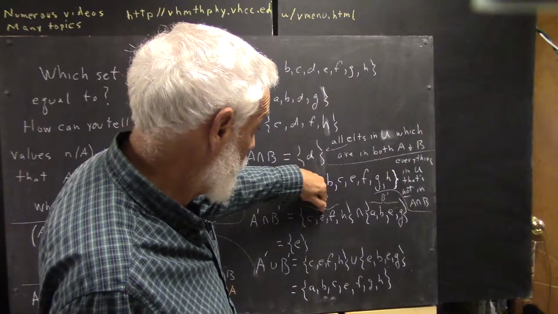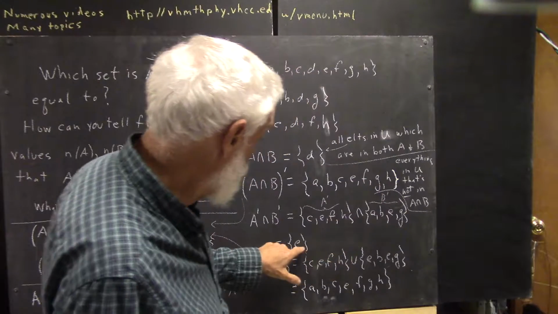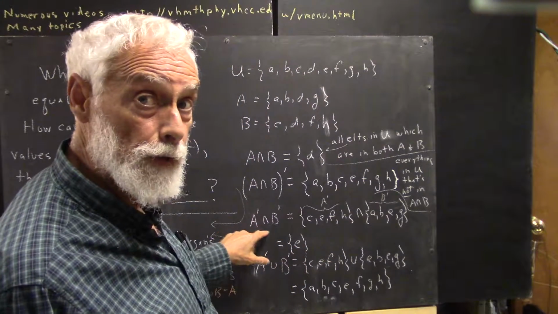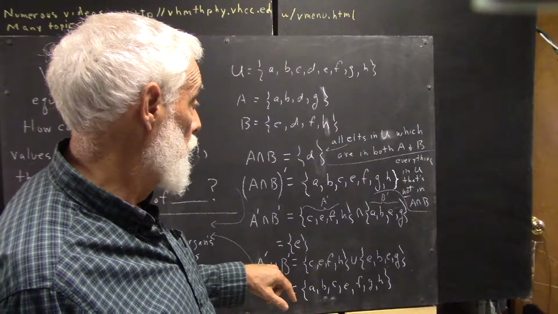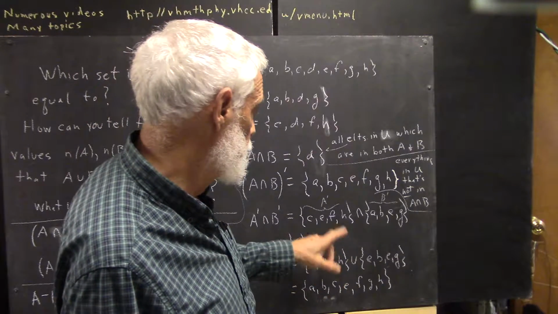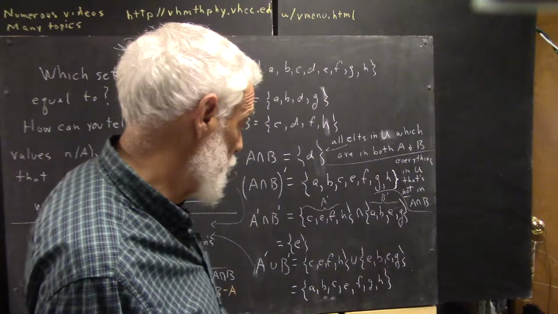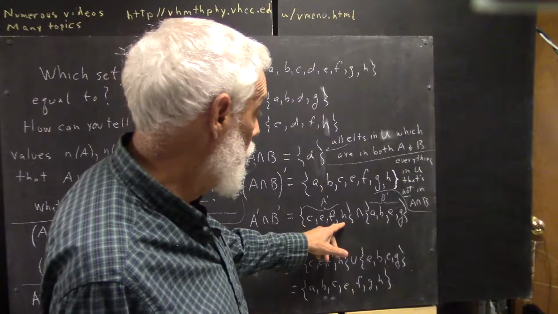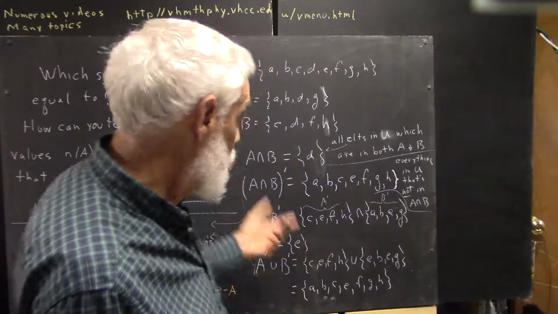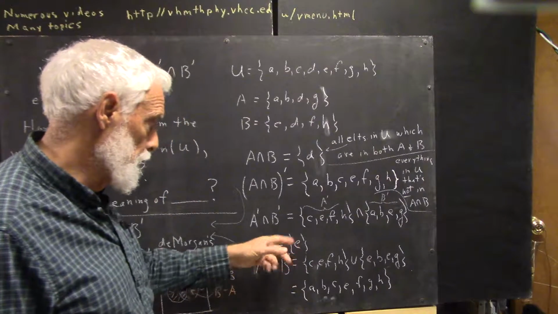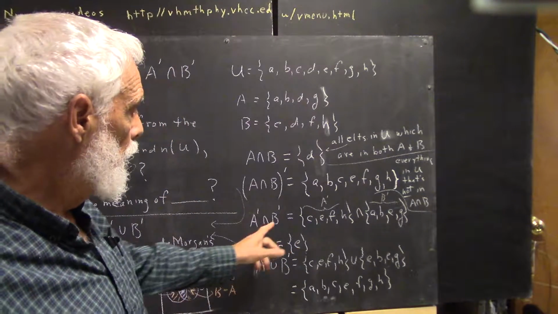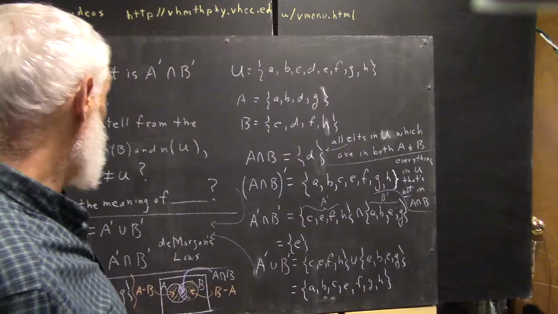What about E? Well, yeah, E occurs over here, so E will go into the intersection of A prime and B prime. Okay, what about F? Well, F doesn't appear over here, so it's not going to be in the intersection. H doesn't appear here, so it's not going to be in the intersection. And we're done. Right there is the intersection, A prime intersection B prime.